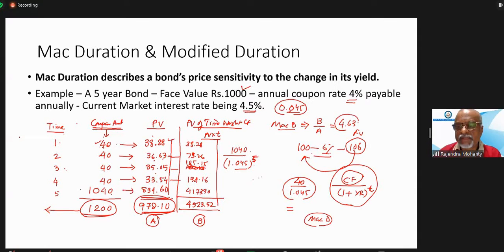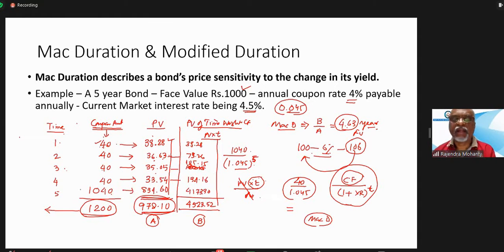And this MAC duration of 4.63 is a time, in years, because we have done PV into T divided by PV. In B and A the PV cancels, so only time remains. So MAC duration is the time period.